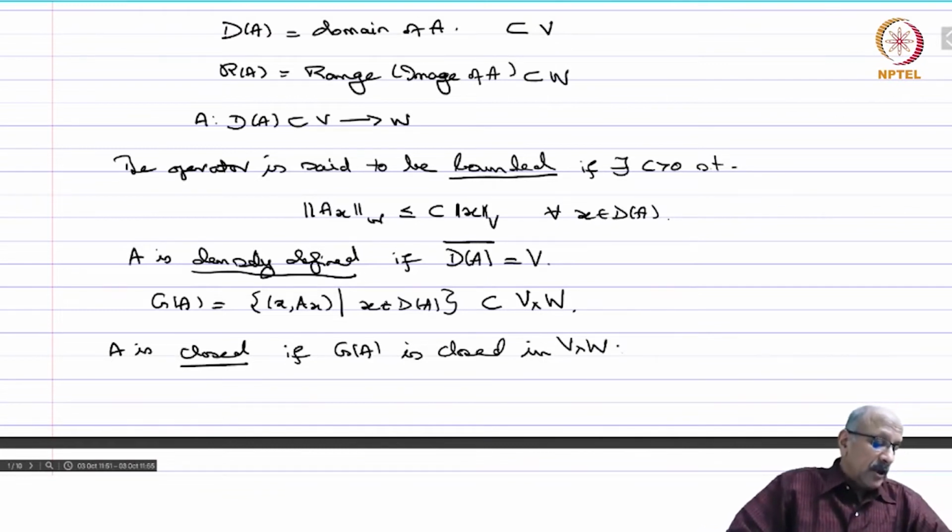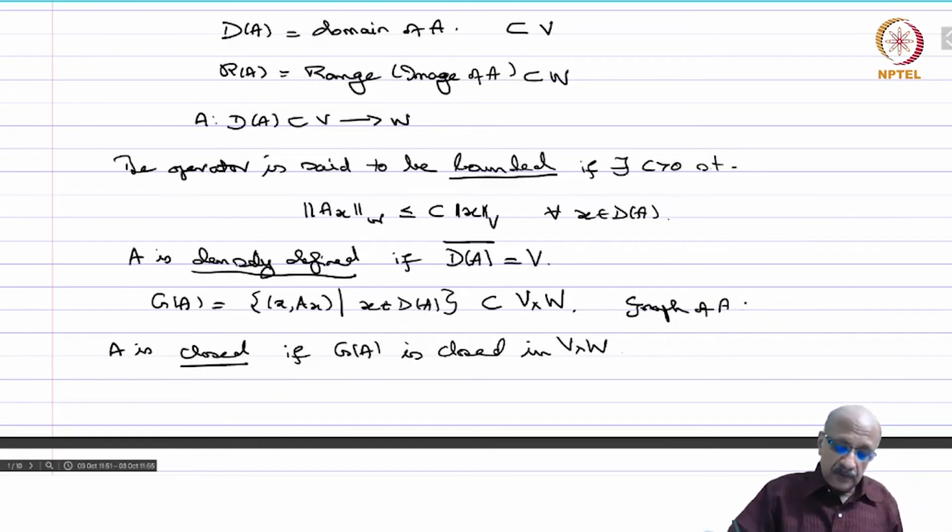So this is called the graph of A. It's a closed subspace of V cross W, then you say the operator is closed.